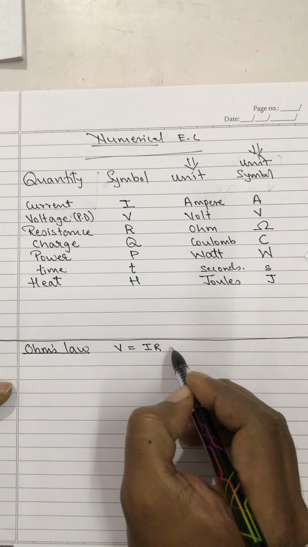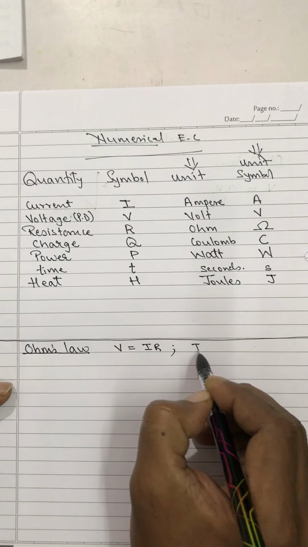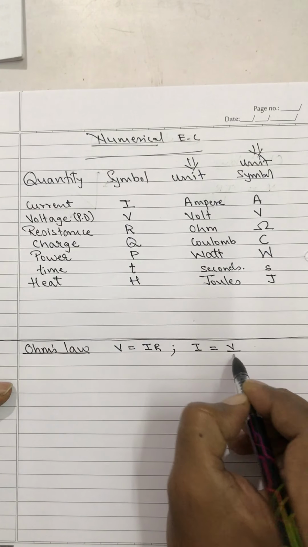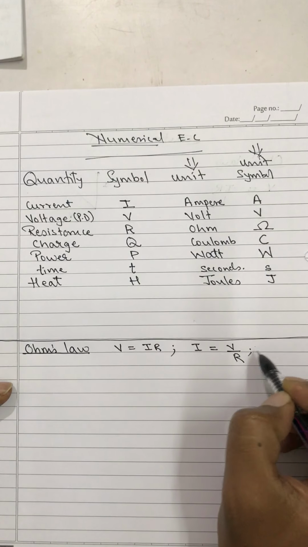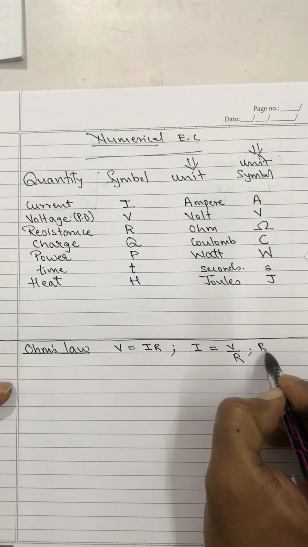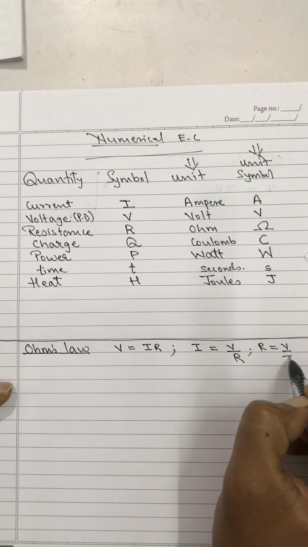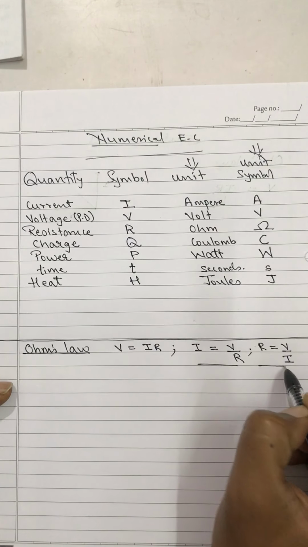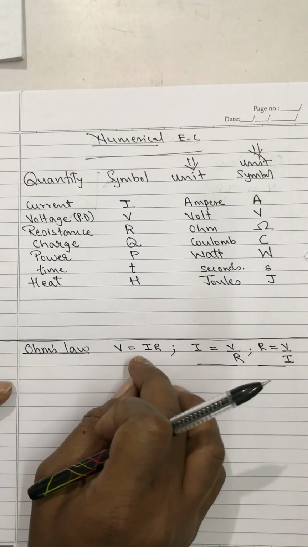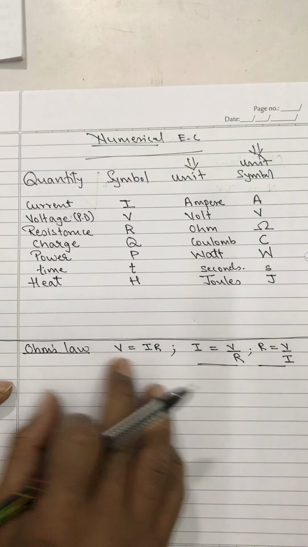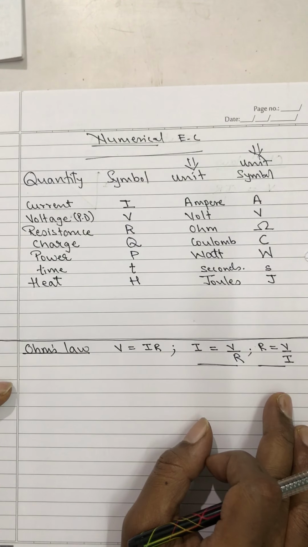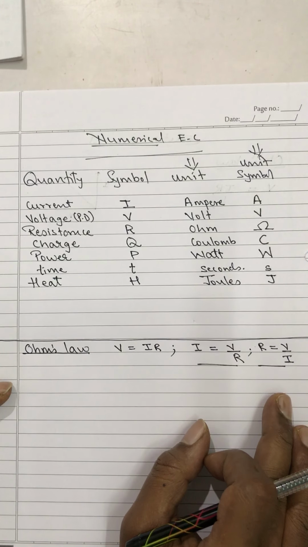And because of this, V is equal to IR, we get I is equal to V upon R, and also R is equal to V upon I. You may not require to remember all of these. You may remember only one formula, any one formula that you are comfortable with, and then you will be able to use Ohm's law.